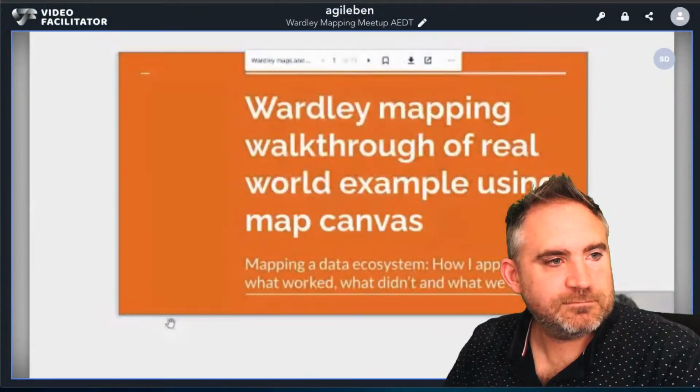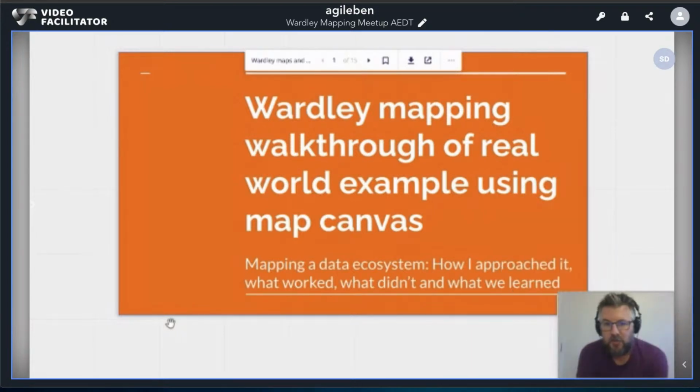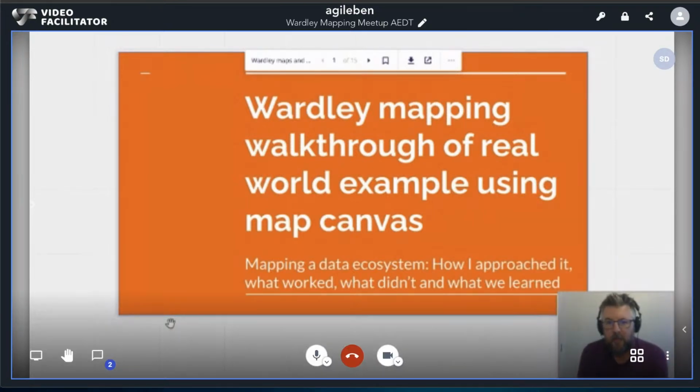So I will share a little bit more about myself in a few slides, but as you mentioned, I'm the ex-CTO for Seek Asia, and Seek Asia is part of the Seek group of businesses. For those of you based in Australia and New Zealand, you would be very familiar with the Seek job boards.